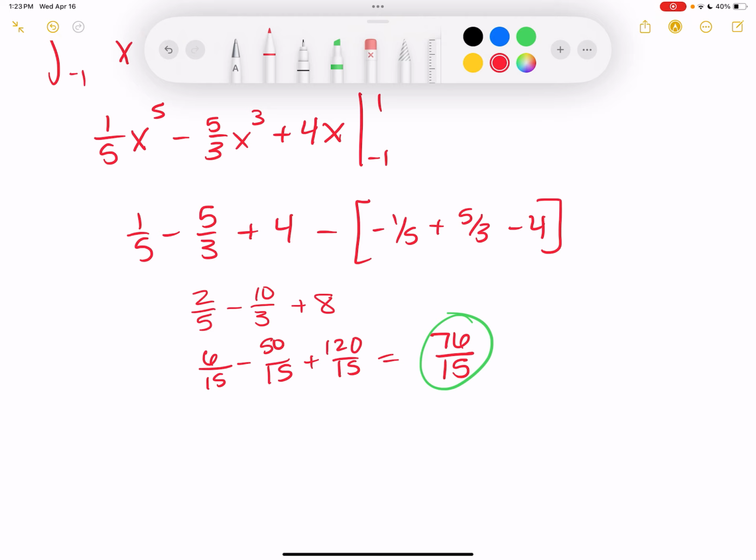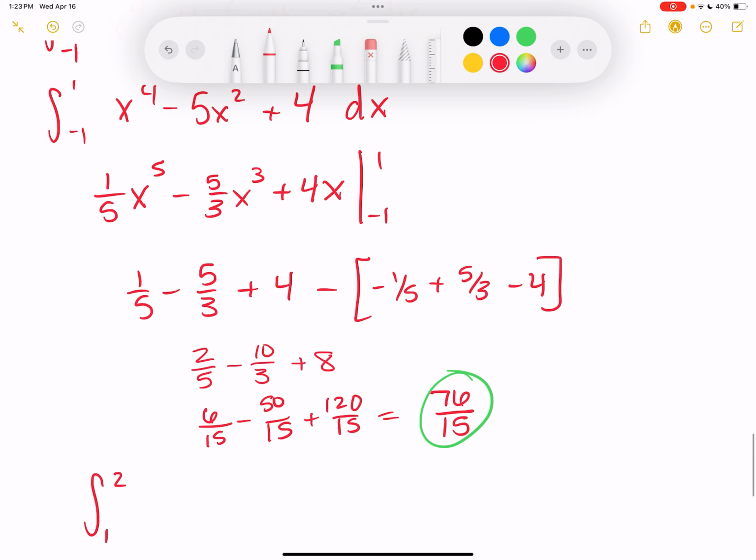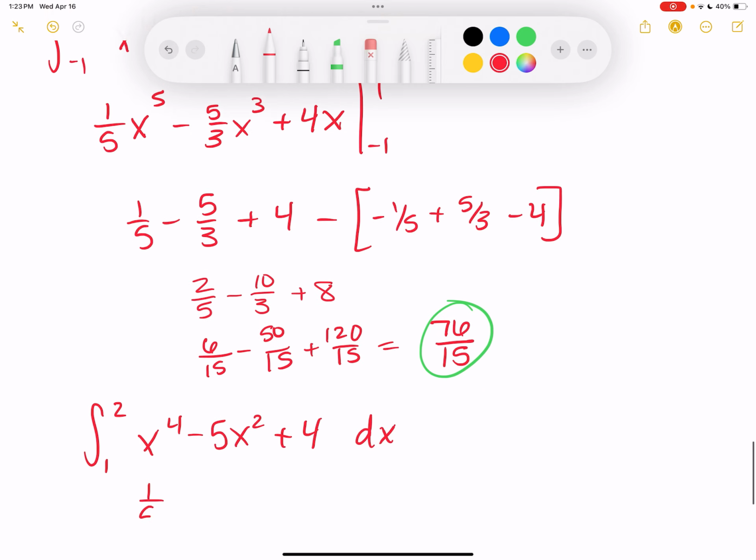All right, so then I would recommend we do 1 to 2 because it's positive numbers and makes life easier. So the integral from 1 to 2 of, I'm just going to use this one that I already have, the x to the 4th minus 5x squared plus 4 dx. And I've already integrated that, so I've got 1/5 x to the 5th minus 5/3 x cubed plus 4x evaluated from 1 to 2.